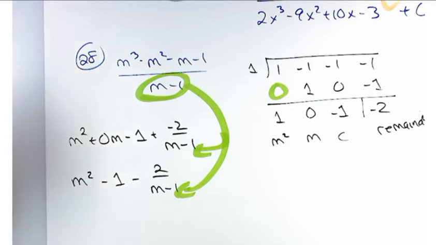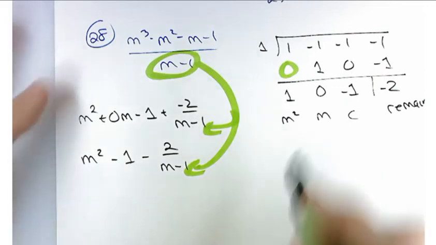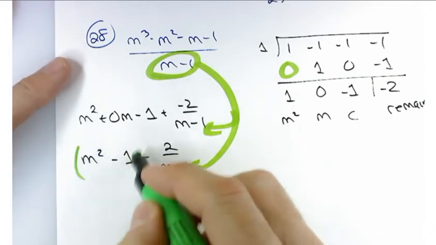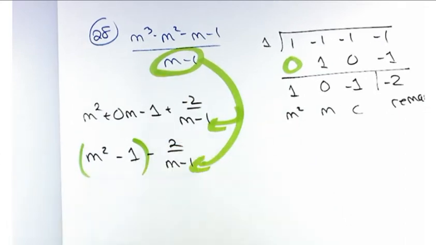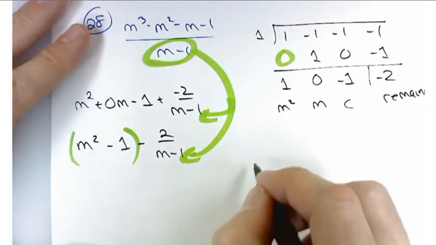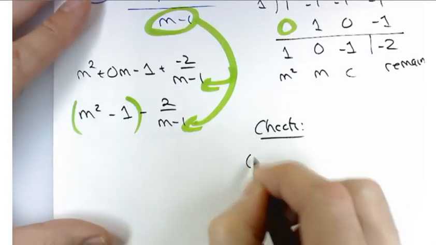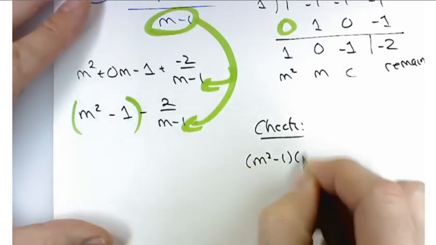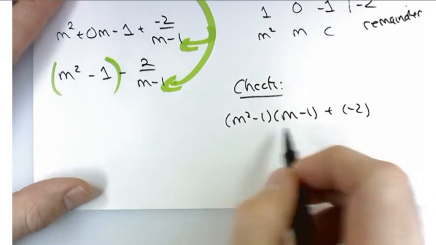Good question. Let's try checking that. What you would have to do is multiply your quotient, which is this part, times this, and then add the remainder. So let's do the check. It'd be m squared minus 1 times m minus 1 plus negative 2. So here we can FOIL.